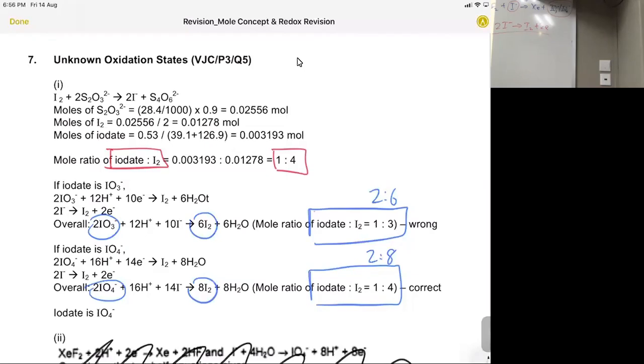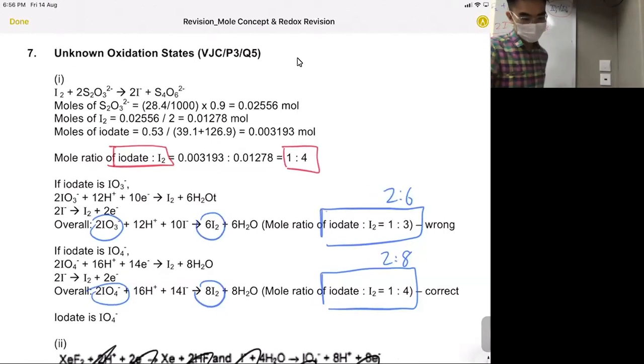Sorry, IO3. Okay, I double check. Let's check it again. Maybe I zoom in. Okay, it's clearer.